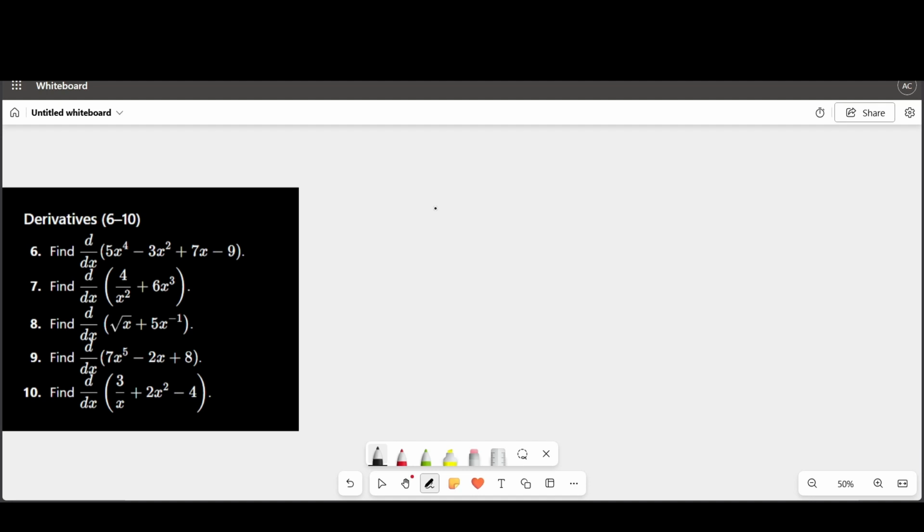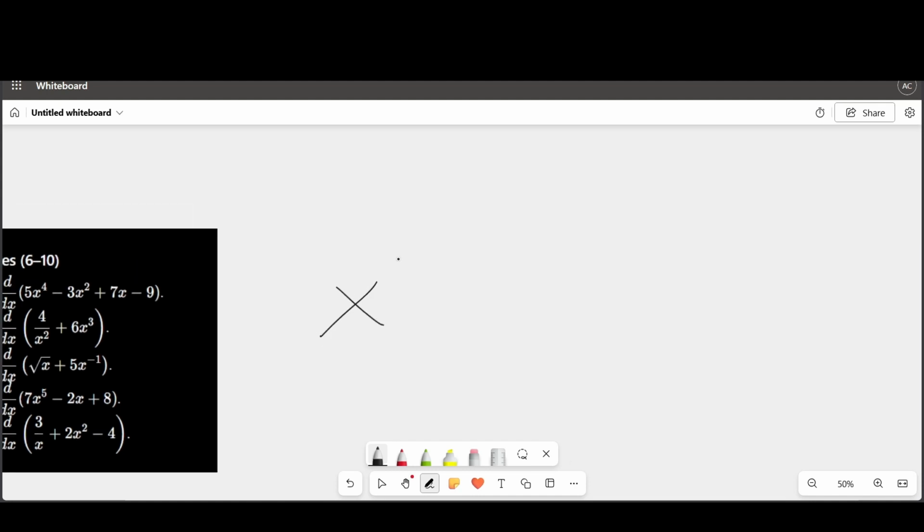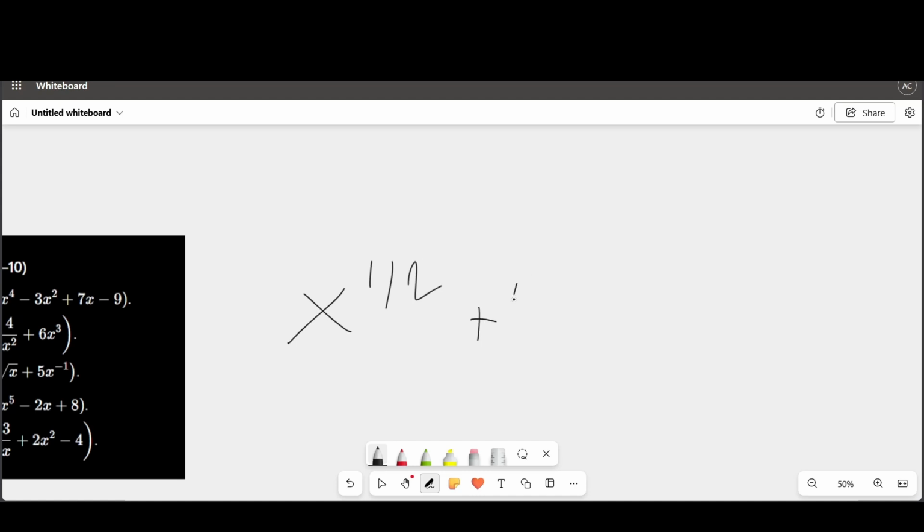Okay, let's find the derivative. So we have to do this, x to the 1 half plus 5. Then we have to use the power rule on this.